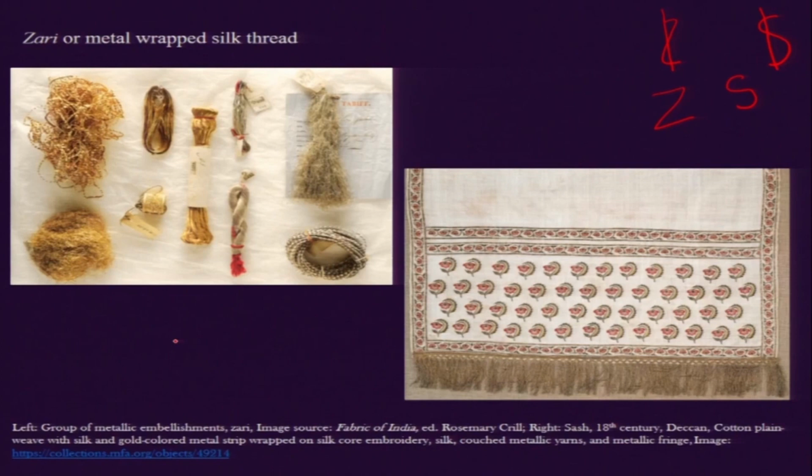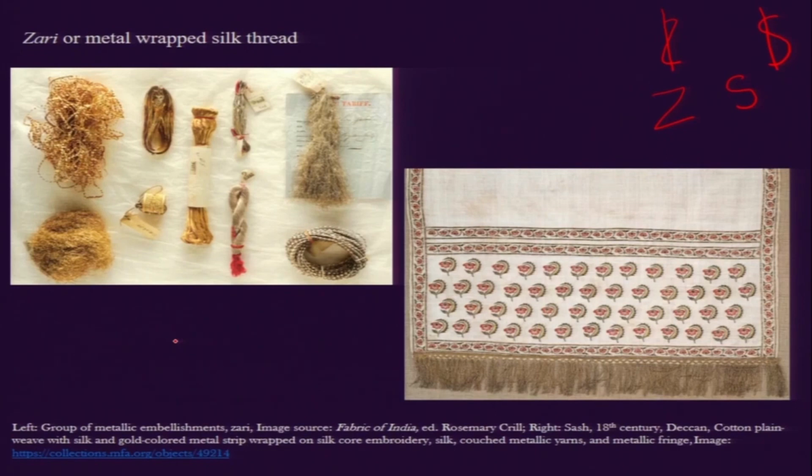Now on the side of the screen, we have another sash that comes from the Deccan, from the 18th century, from the Museum of Fine Arts Boston's collection. In this one, I'll go through the specificities of its technique. It is cotton plain weave with silk and gold colored metal strip wrapped on silk core embroidery, silk couched metallic yarns and metallic fringes.